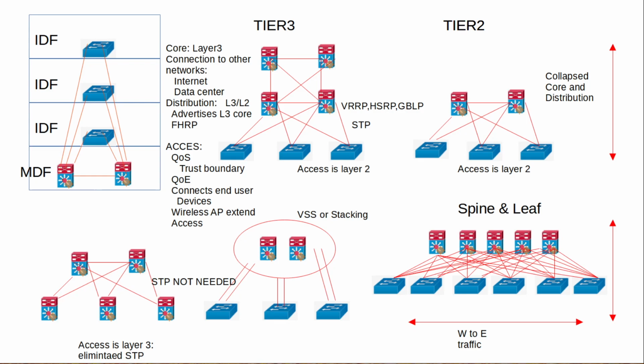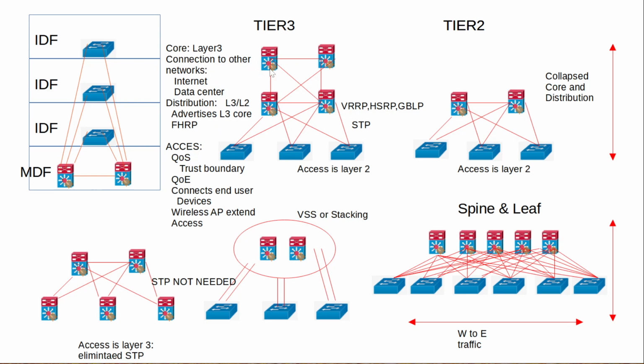Follow this topology design. Another way to draw this building design is just a redraw of the same topology, and you can end up having these two cases, tier 3 or tier 2. When you have a tier 3 topology, you have a core layer, a distribution layer, and an access layer.